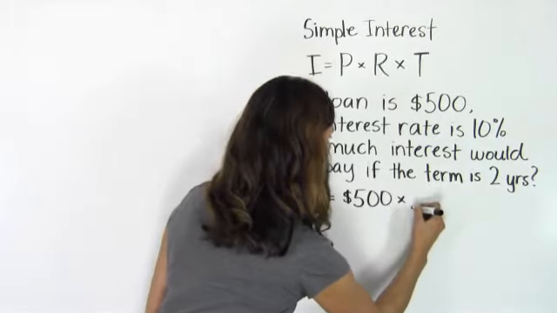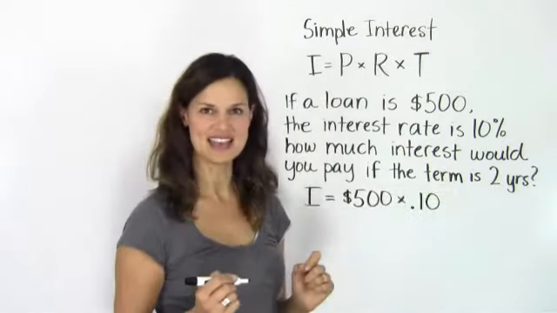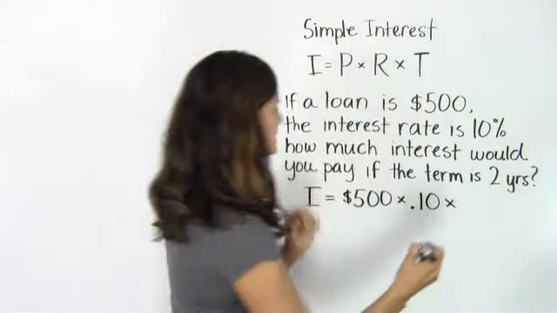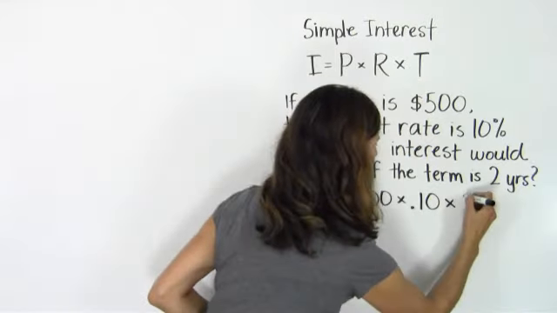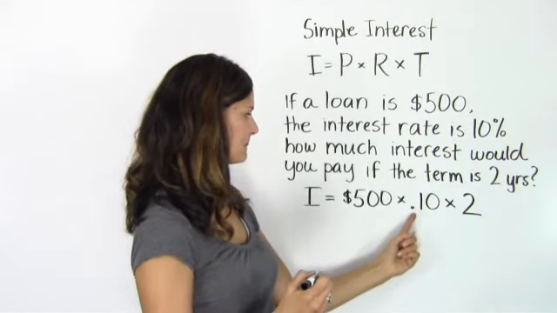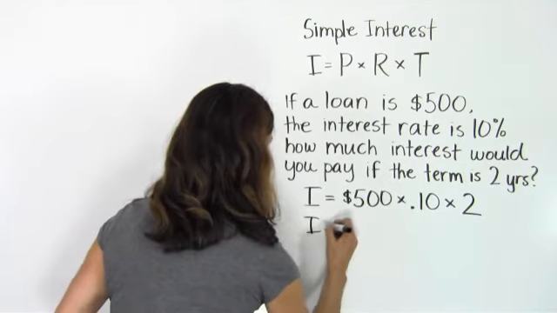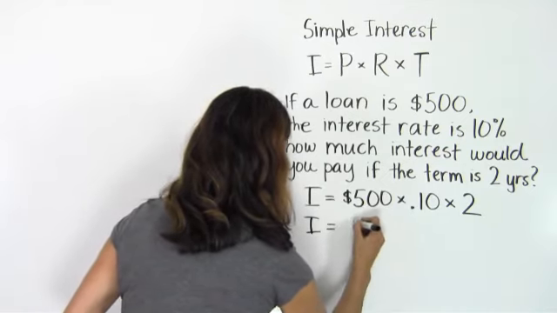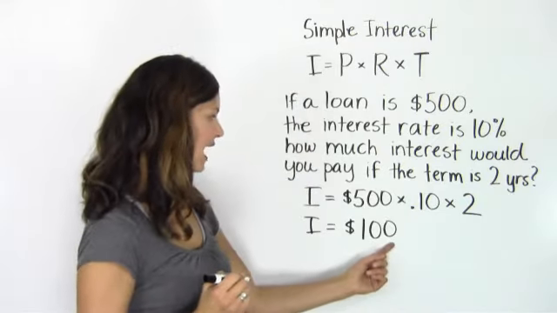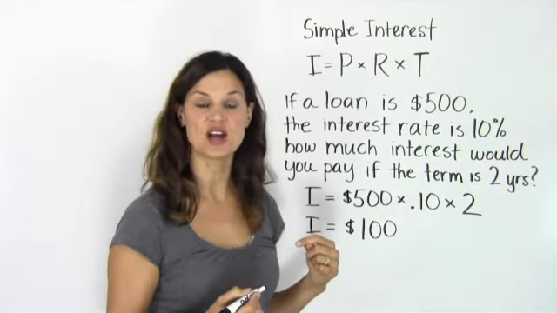So I'm going to multiply by 0.10 for 10% converted to decimal, and times my term of 2 years. So 500 times 0.1 times 2. When I calculate that, my interest turns out to be $100. So I'm going to pay interest of $100 on my $500 loan.